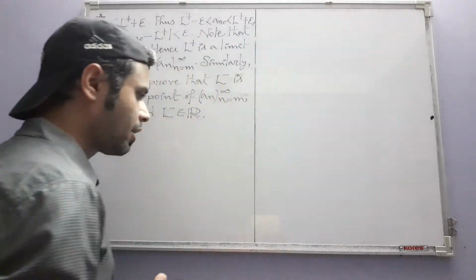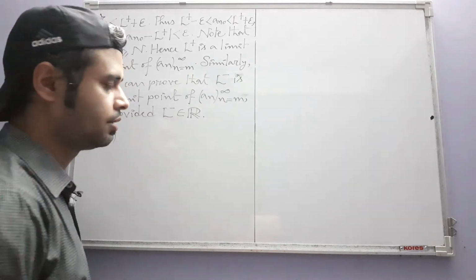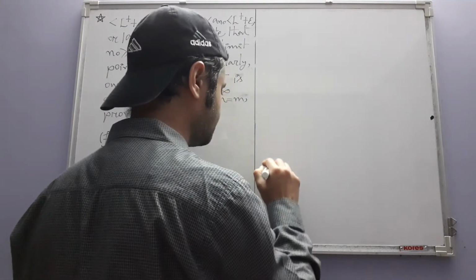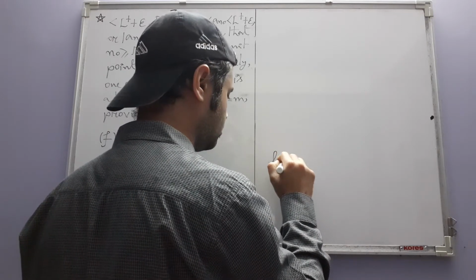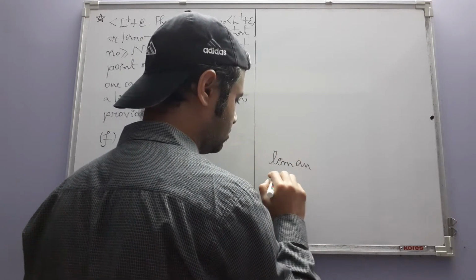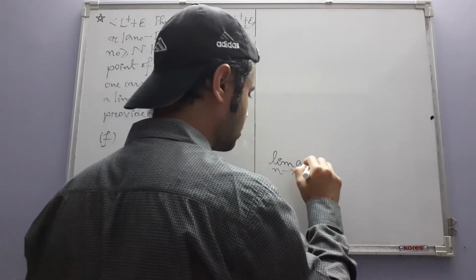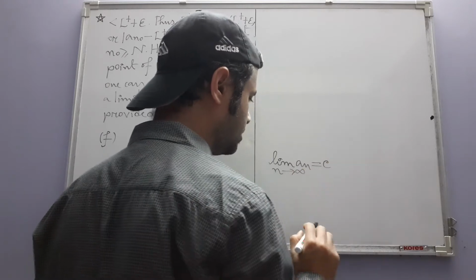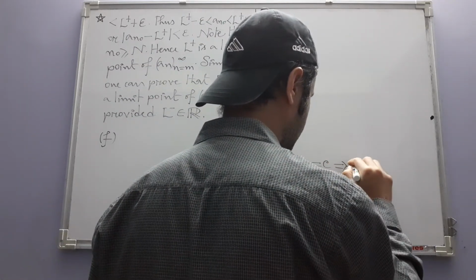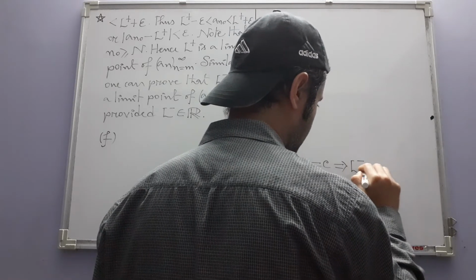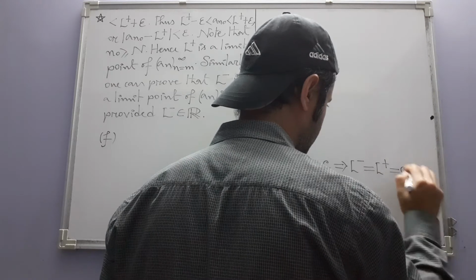Okay, so part F is arguably the strongest part of this proposition. It says that if our original sequence is convergent and it has the limit c, which of course is a real number, then the limit inferior and limit superior are both equal to c.